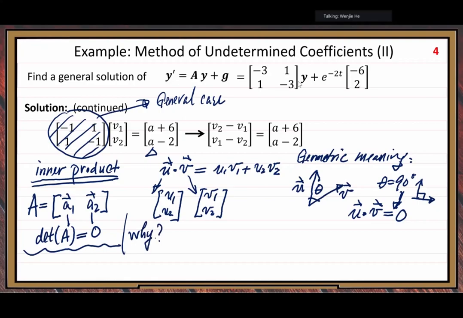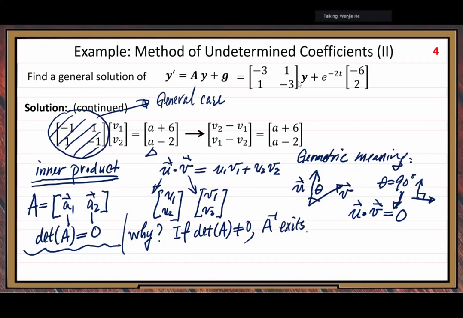Because if the determinant of A is not equal to 0, then A is invertible. A inverse exists.